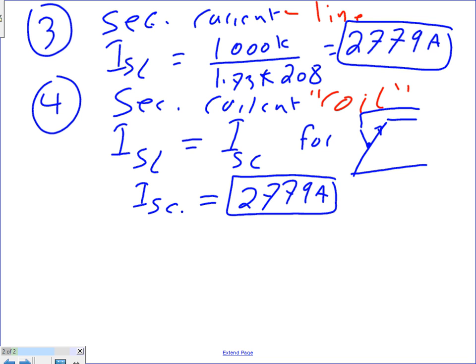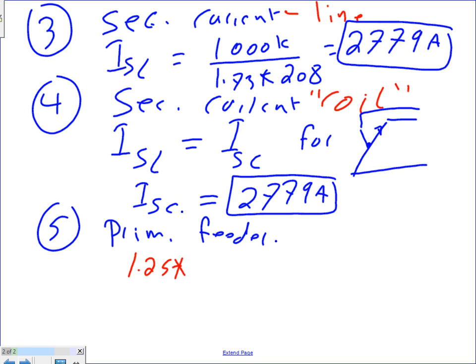Number 5, my friends, is we need the primary feeder. A lot of people, when it comes to sizing conductors, drop the coil altogether. For us, the construction people, the manufacturers of the transformers use the coil to size the leads. We're not sizing the leads here. So in this case, I assume it's a continuous load, 1.25, multiplied by I primary line.